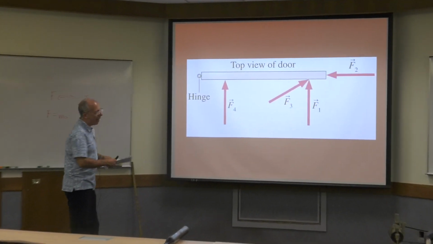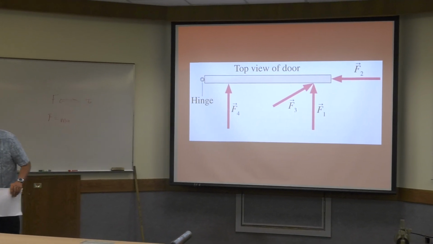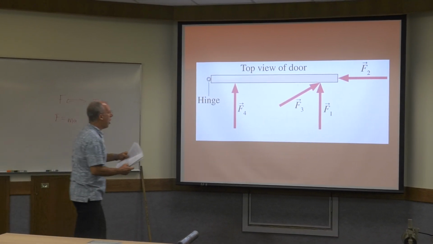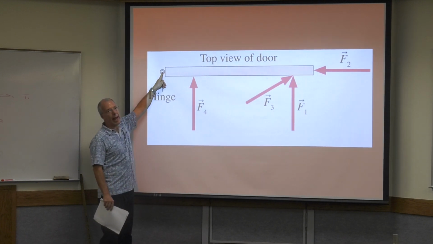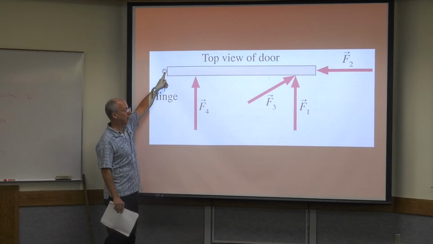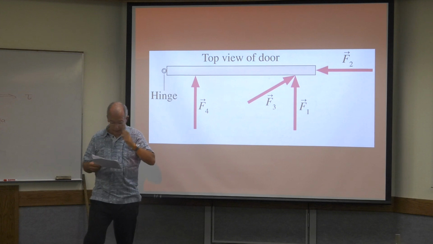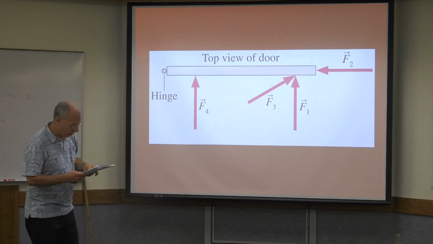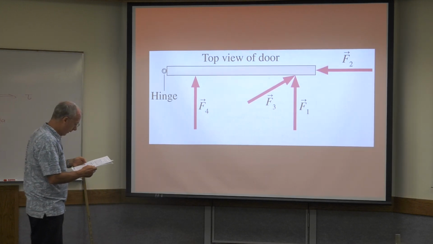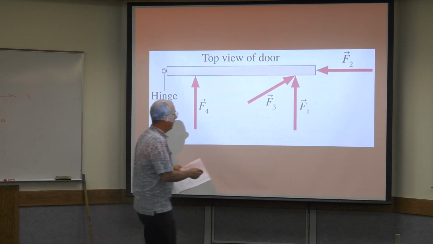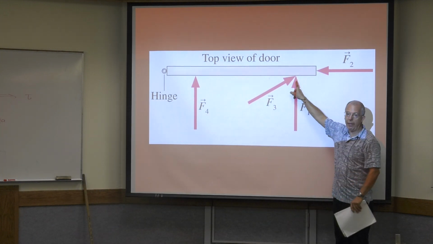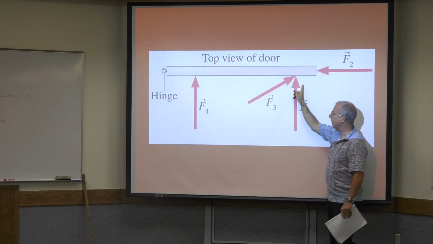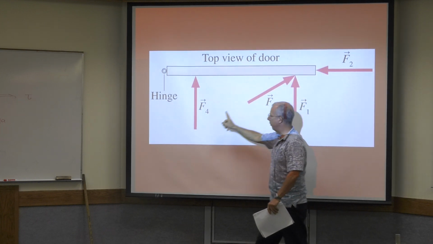Now this will hopefully make some sense. This is the top view of the door. There's the hinge, which I'm going to call the axis of rotation. If I'm going to open the door, I'm going to push here, right? This is going to be very effective. That's not going to be so effective. That's going to be really difficult.